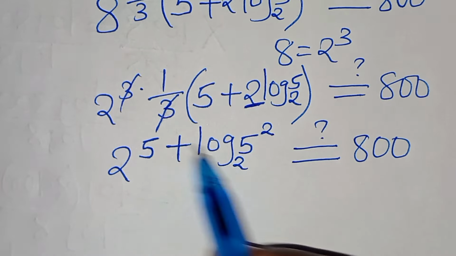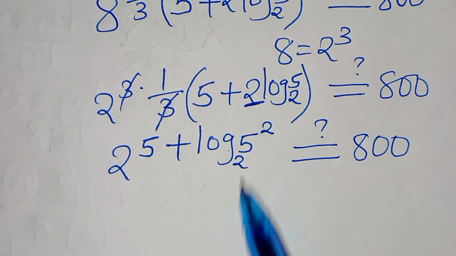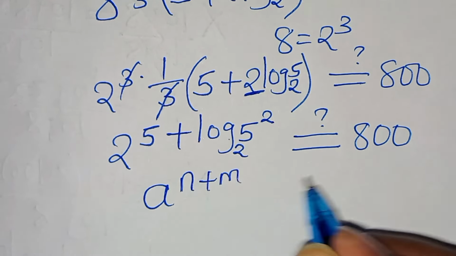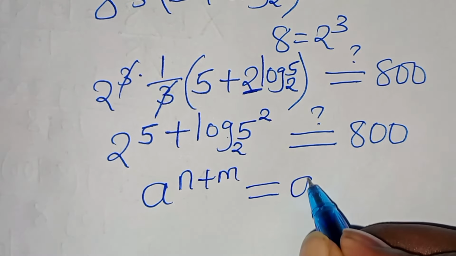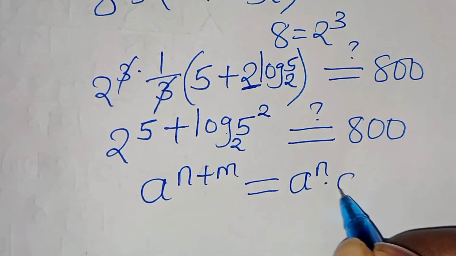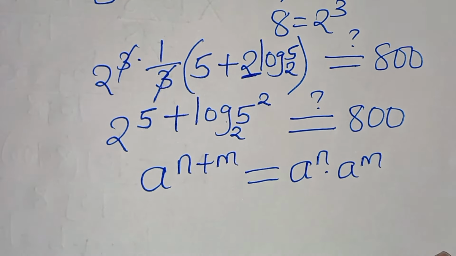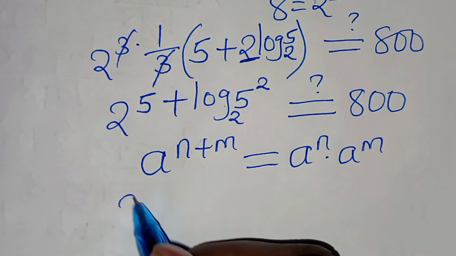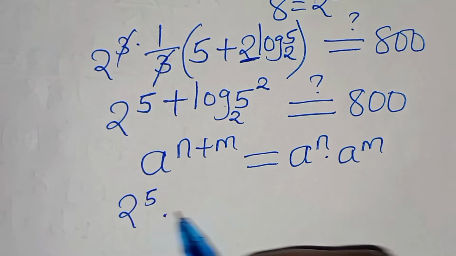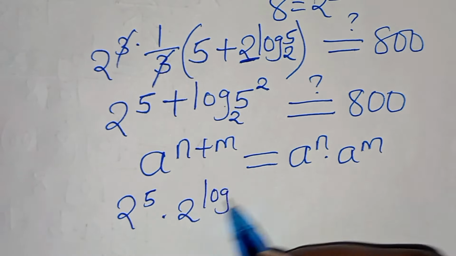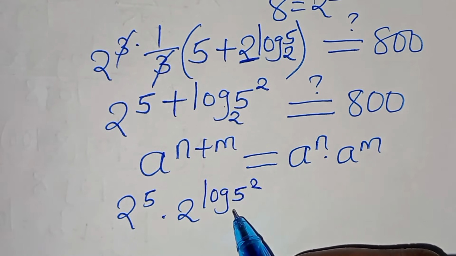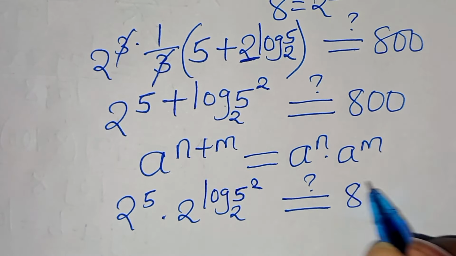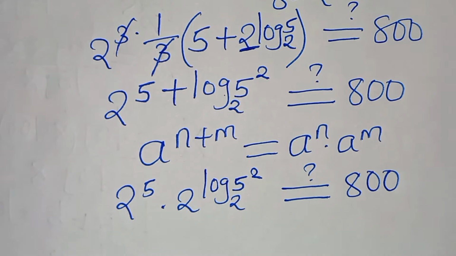So 2 to the power of 5 plus log 5 to the power of 2 to base 2 is in the form of a to the power of n plus m, which we can express as a to the power of n times a to the power of m. Applying this exponent property, here we have 2 to the power of 5 times 2 to the power of log 5 to the power of 2 to base 2. This should give us a value of 800.